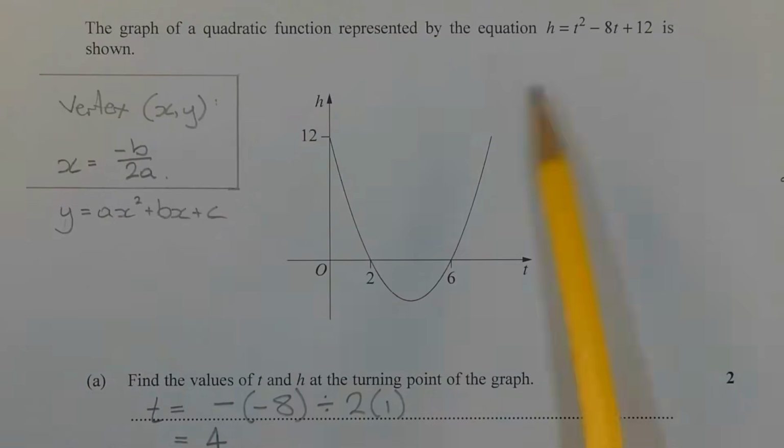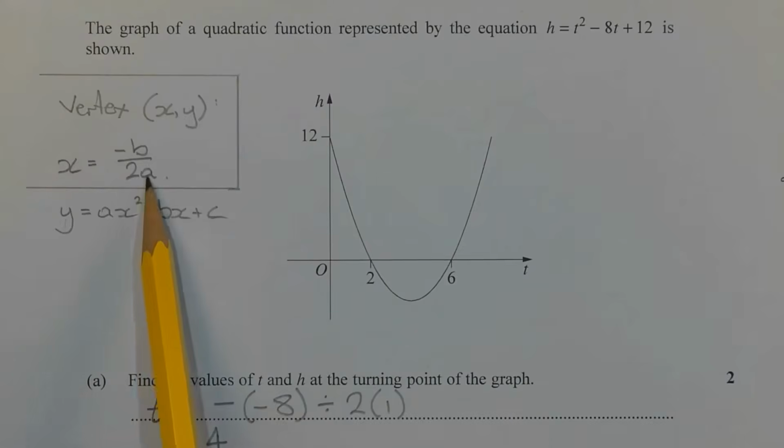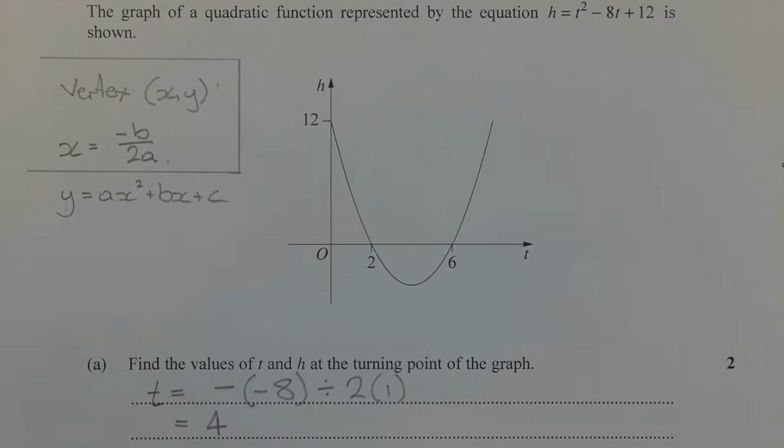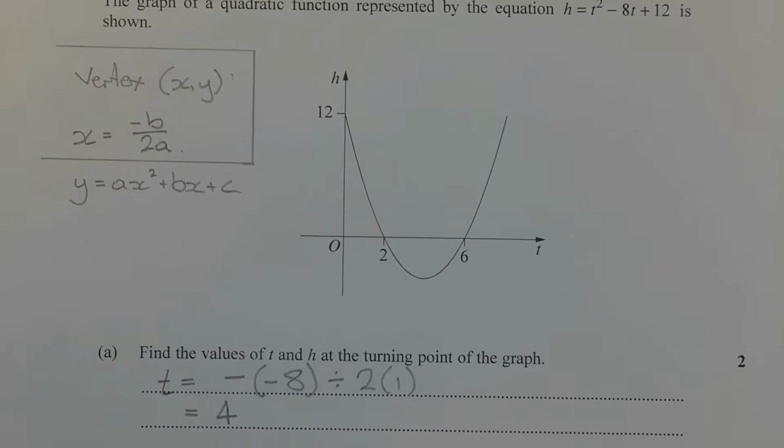The b term will be 8 and the a term will be 1. So t is equal to negative 8 divided by 2 times 1. So that's our negative b over 2a. And that evaluates to 4.